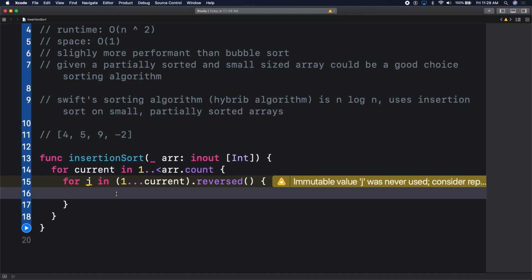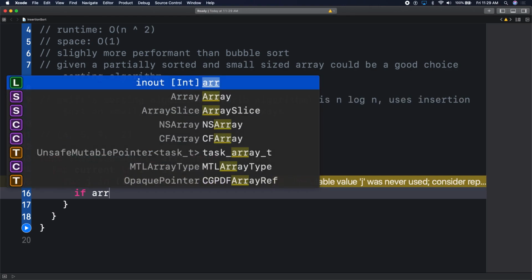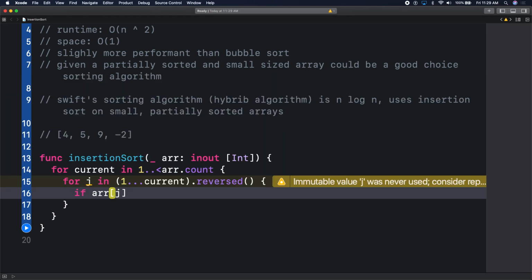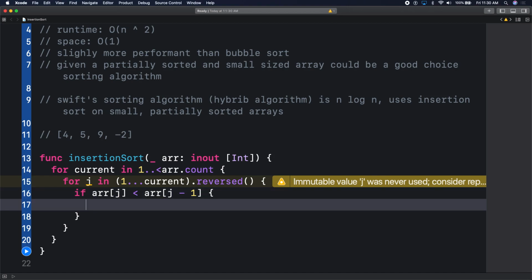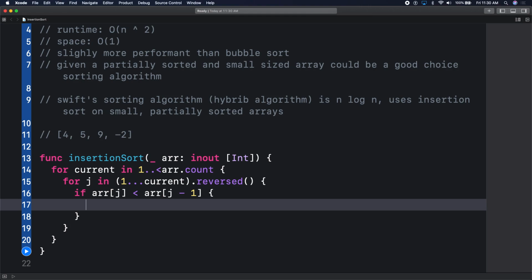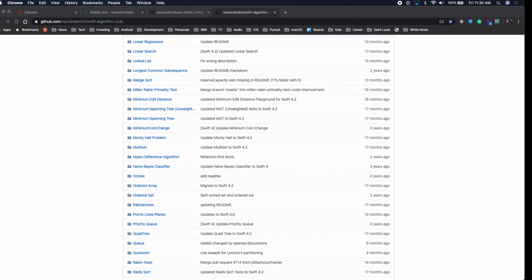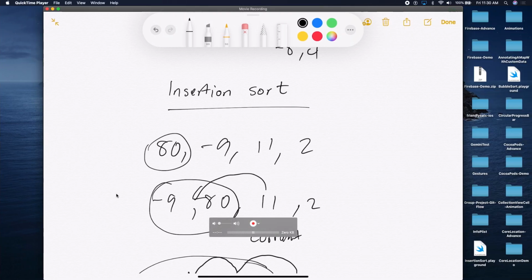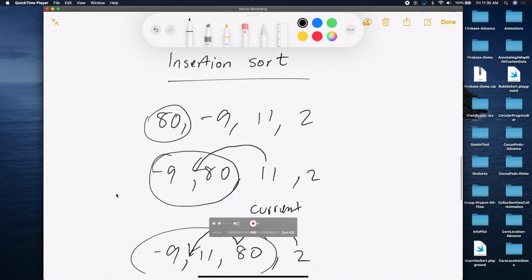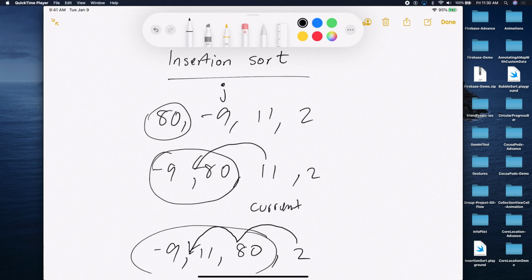So now we're looking at the value. We'll have our if block here. We'll say if array j is less than array j minus 1. If we go back to our diagram, j would represent 9, for example.